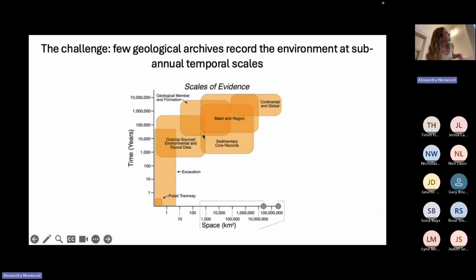Which is kind of what you're seeing here, that most of our scales of evidence are capturing really large amounts of time, from 1,000 to 10 million years, is what is available to us in most records. When we're talking about seasonality, we're talking about within a year. So this is a really challenging problem to try to address in the archaeological record: how do we get at that really, really fine scale when this is generally what's available to us.